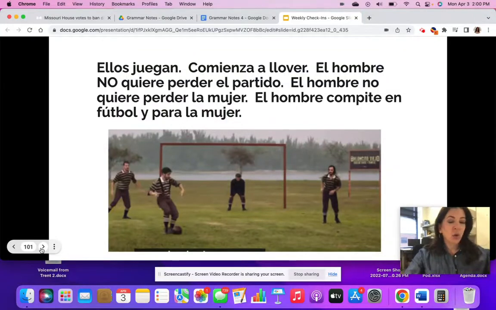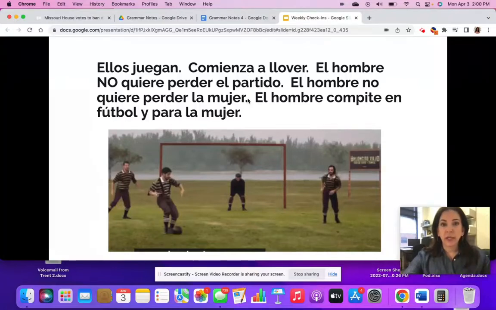En el partido, ellos juegan con el baloncito. Comienza a llover. El hombre no quiere perder el partido. No quiere perder a la mujer. El hombre compite en fútbol y para la mujer.